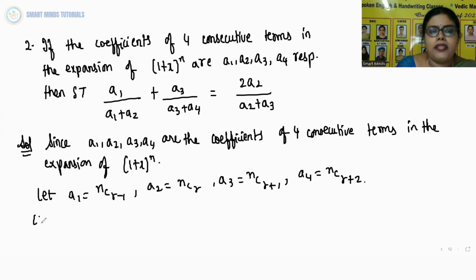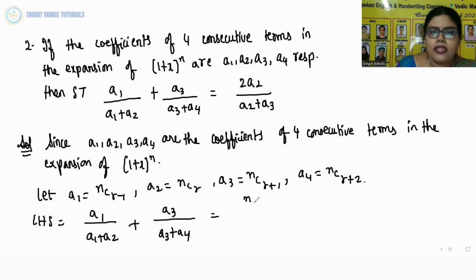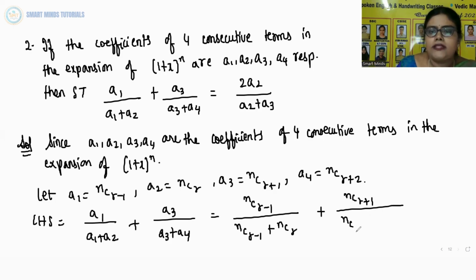So now we will take the LHS. LHS is a1/(a1 + a2) + a3/(a3 + a4). So a1 is nC(r-1) / (nC(r-1) + nCr), and a3 is nC(r+1) / (nC(r+1) + nC(r+2)).